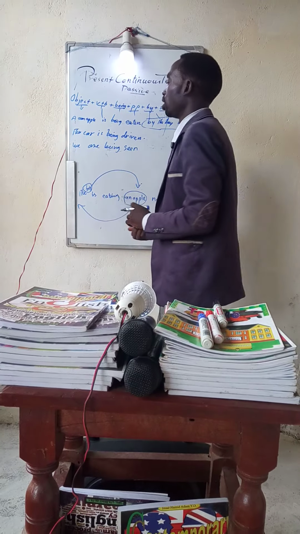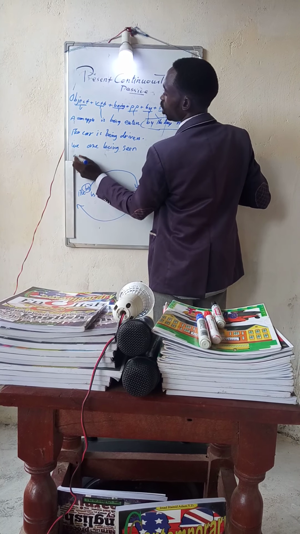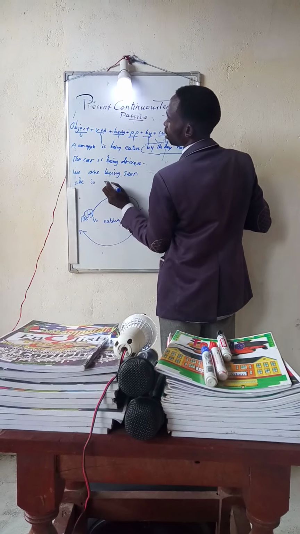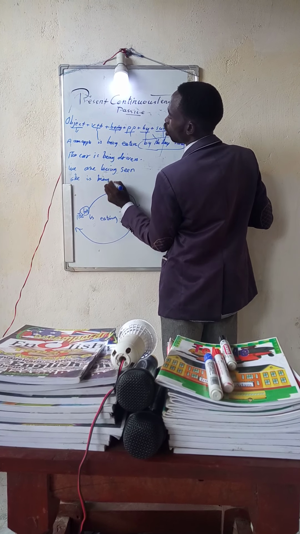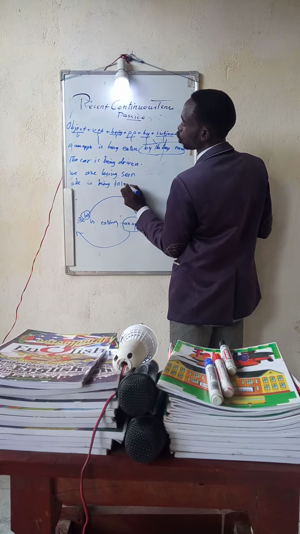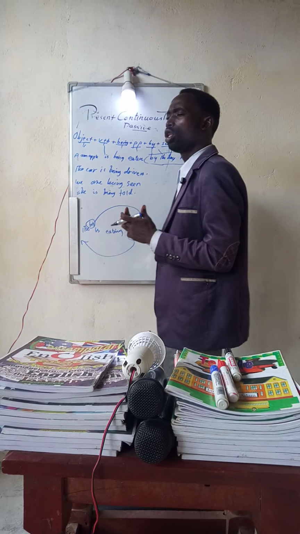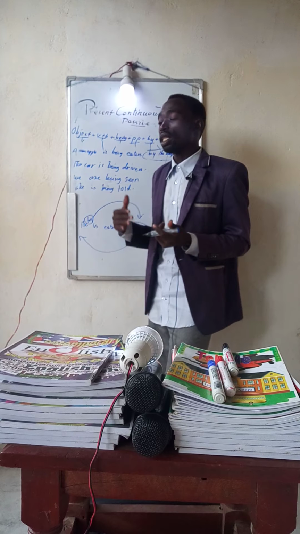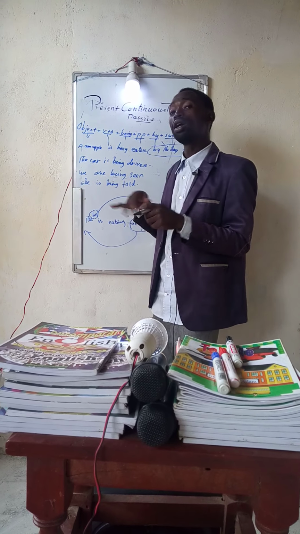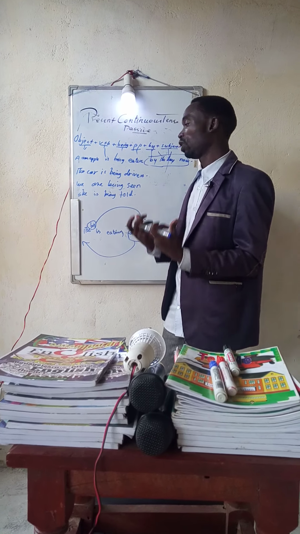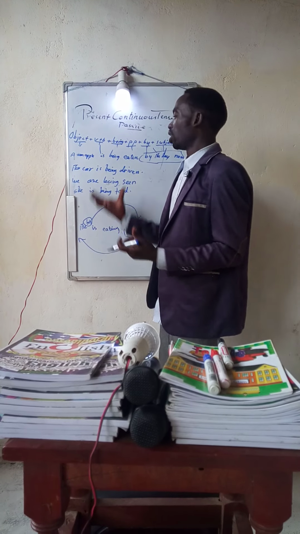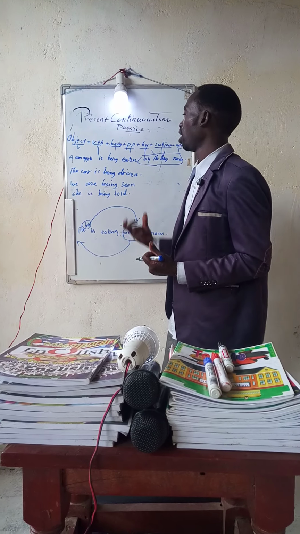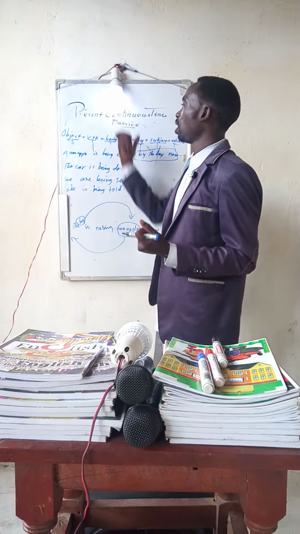That's why I say we are being seen. Then you can say, she is being told. She is being told news by someone. Here, I don't want to mention the person who is telling her the news, so I just say, she is being told. It's okay. Like this, you complete the passive voice form.